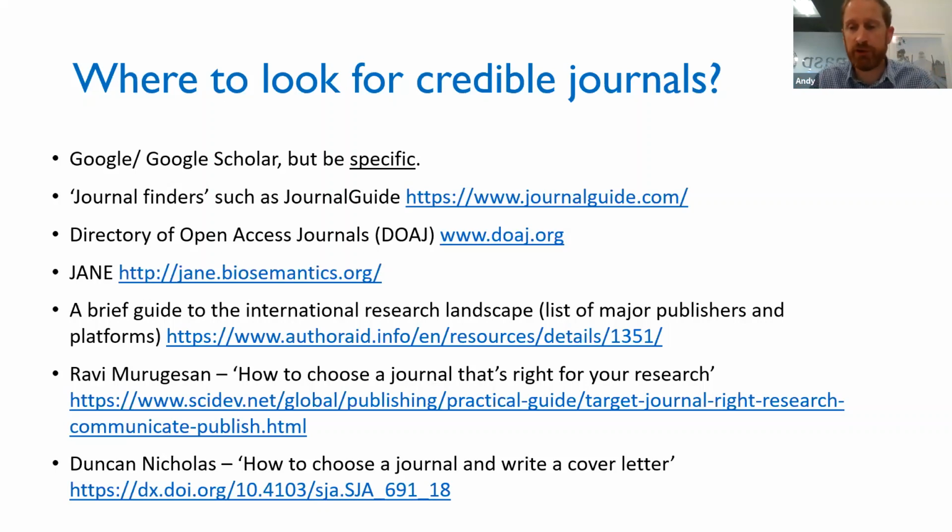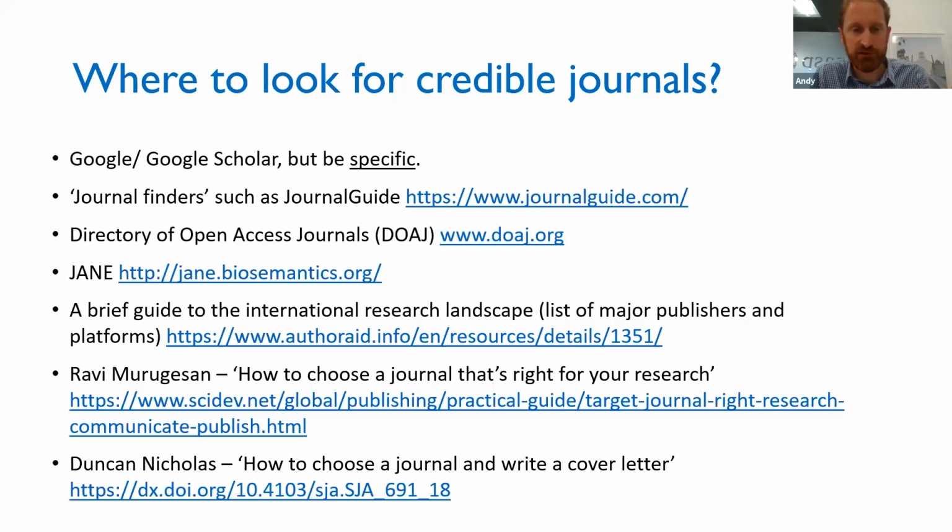You can also just aim to use the websites of large academic publishers to look for journals there. You can either look at the big commercial publishers in the UK or the US, or more local publishers. And in this link here, a brief guide to the international research landscape, I've listed all the major publishers and all the major regional platforms, which are a really good place to start looking through their lists and their databases.